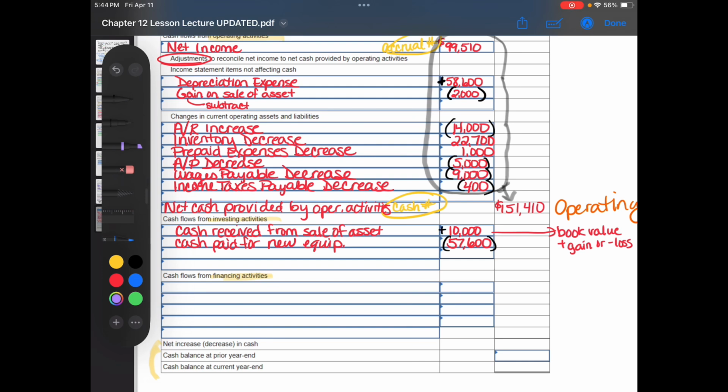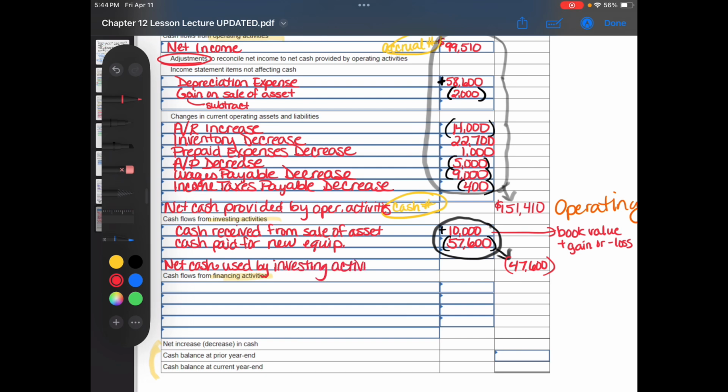So when I look at both of these together, the only two transactions I have, I'll add and subtract them. I'm going to end up with a negative amount. Let me put that in red, 47,600 negative. Now, when you have a negative number, it means net cash used by investing activities.